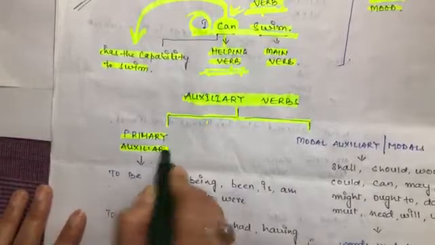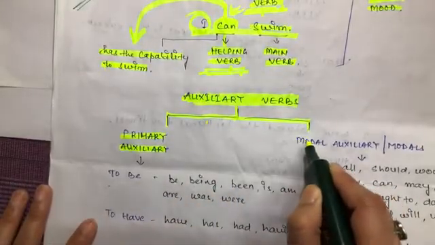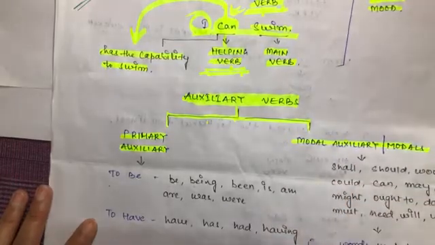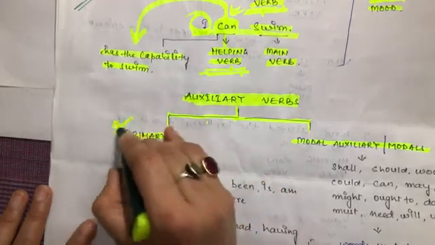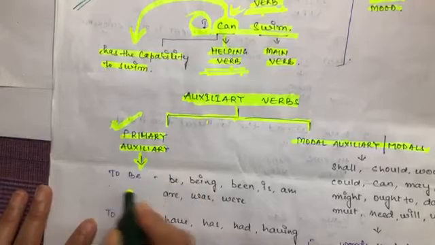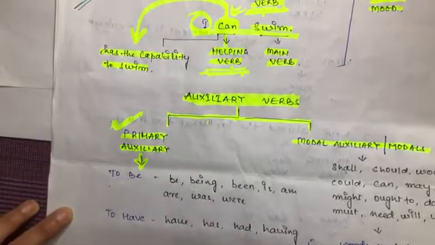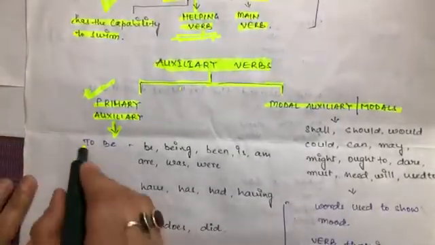Primary auxiliary, and the second part is your modal auxiliary or modals. First we will take up primary auxiliary. What all comes under primary auxiliary? Three categories come under it.